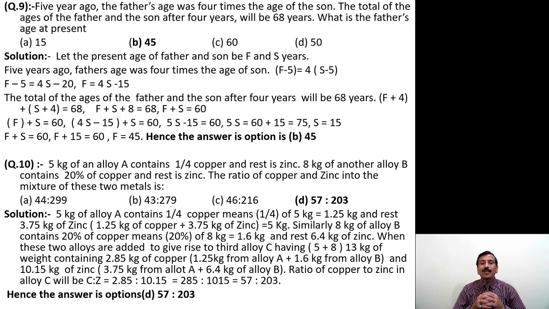Now when we club the things together, we take 5 kgs of alloy A and 8 kgs of alloy B, and the copper content in both of them we club together, the zinc content in both of them we club together, and we get the answer that the copper to zinc ratio in the resultant alloy is 57 to 203, and thus we are able to solve it.